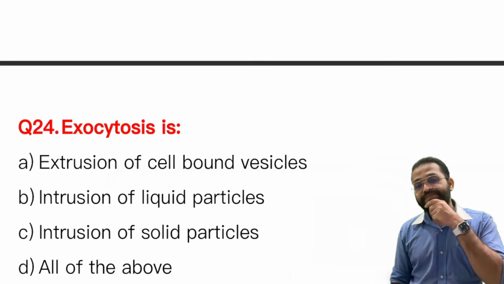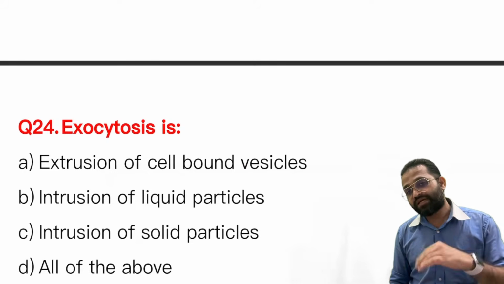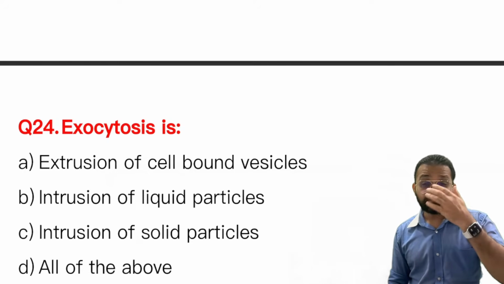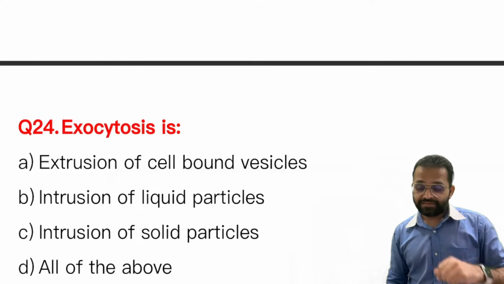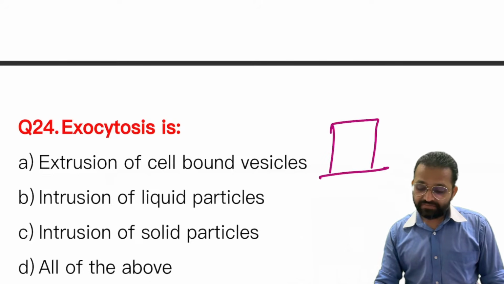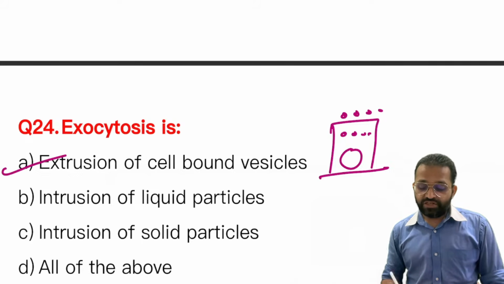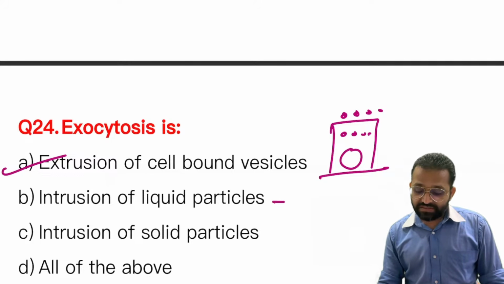Exocytosis. You know exocytosis, endocytosis, pinocytosis. There is a certain cell, they are synthesizing and just releasing. That is extrusion. Intrusion, this is our endocytosis.